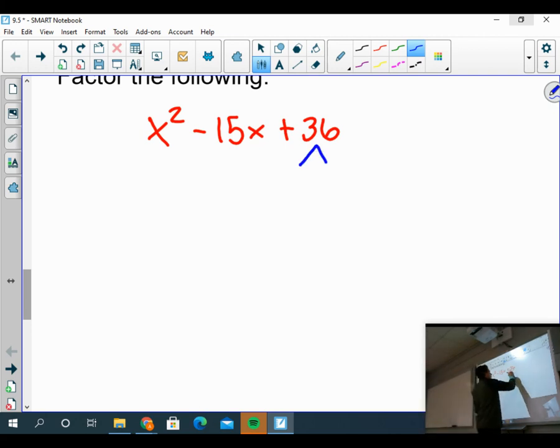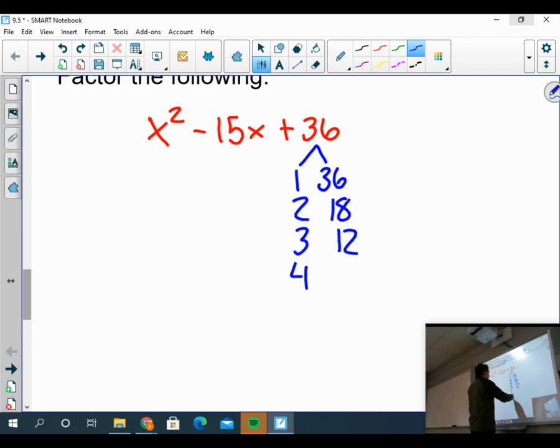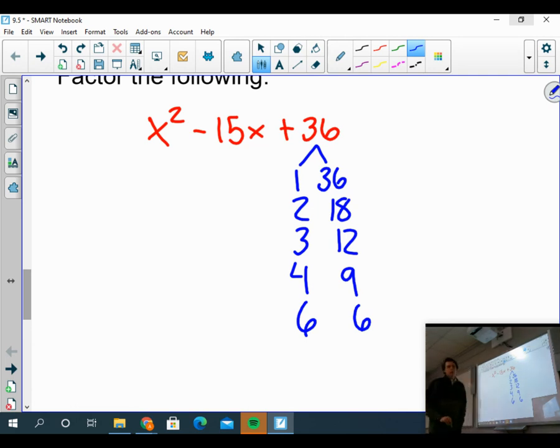Well, we need to identify the factors of 36. So we have 1 and 36, 2 and 18, 3 and 12, 4 and 9, 5 doesn't go into 36, and 6 and 6. And at this point, we've hit all of our factors. Now, I need this not just to be 36, but positive 36. But I notice my middle term is negative.